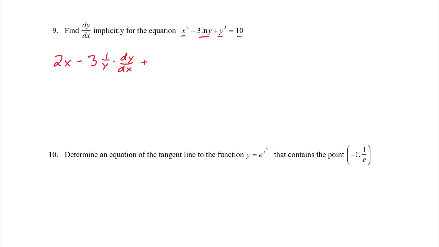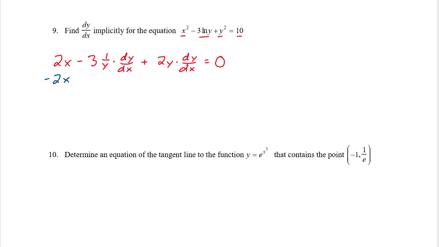And then added with the third term here, y squared will turn into 2y, but again also times a dy over dx. And then my constant 10 on the right side, a very common mistake there is to leave that as 10. Remember, the derivative of a constant will always turn into 0.